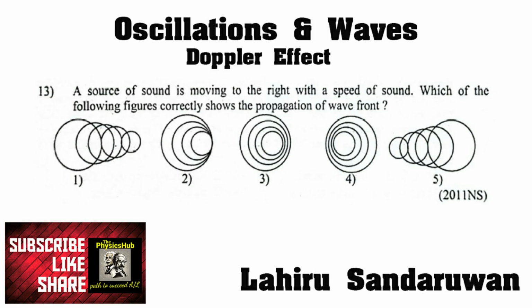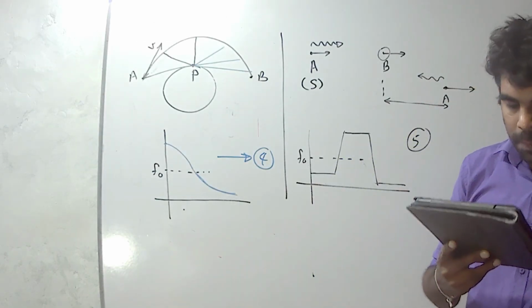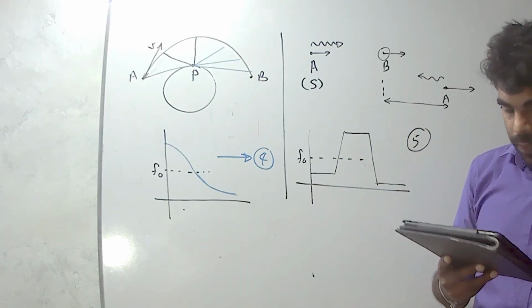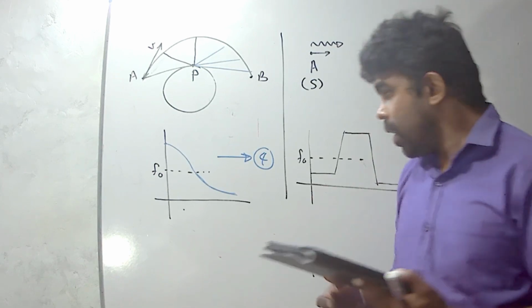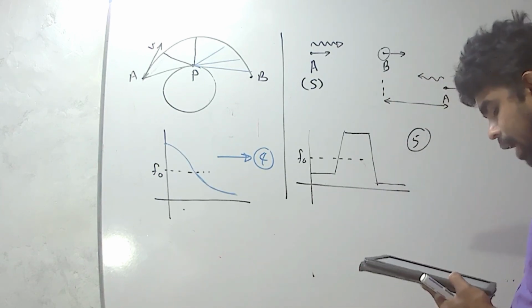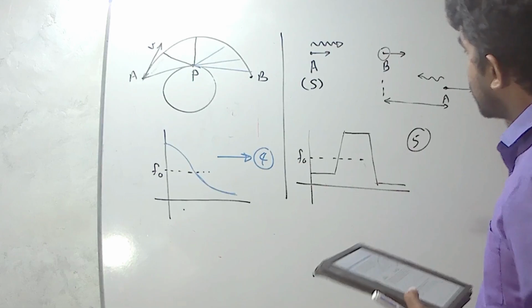A source of sound is moving to the right with the speed of sound. Which of the following figures correctly shows the propagation of wave front? We know that there are three main conditions.